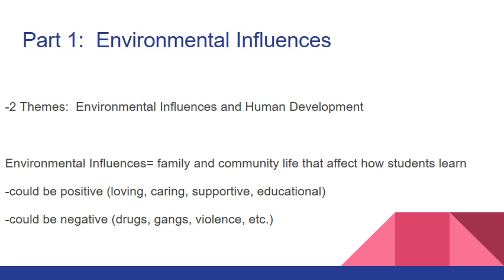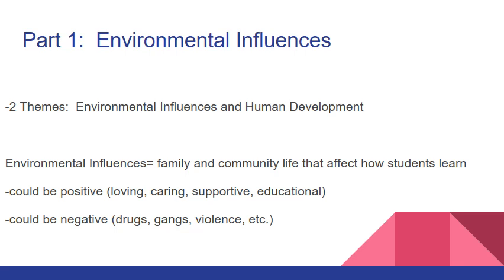As a positive influence, family, peers, and community can provide love, care, support, and educational enrichment. However, in contrast, a negative environment at home or socially can hurt students' academic development.